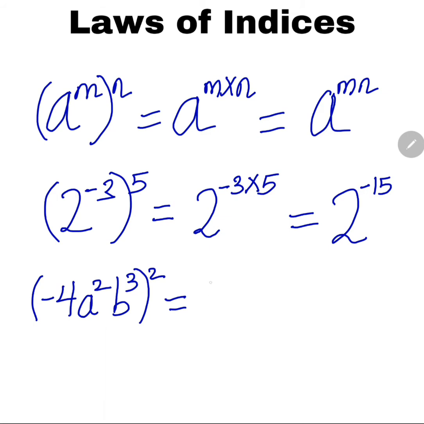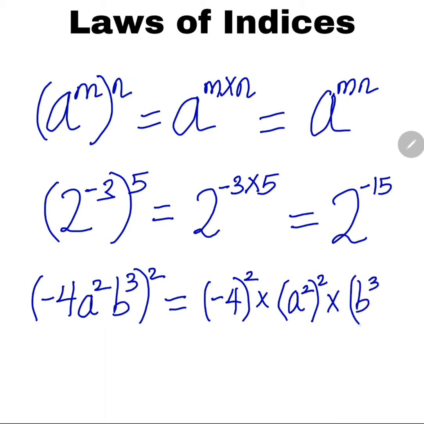So you write it as -4 all squared multiplied by a squared all squared multiplied by b to the power 3 all squared. So this 2 is the same 2. So the power outside affects each of the terms in the bracket.